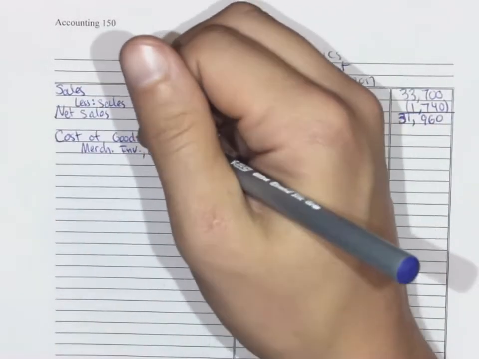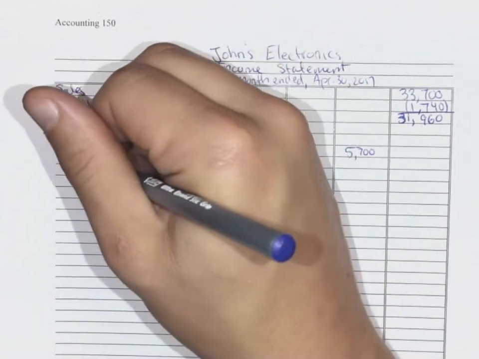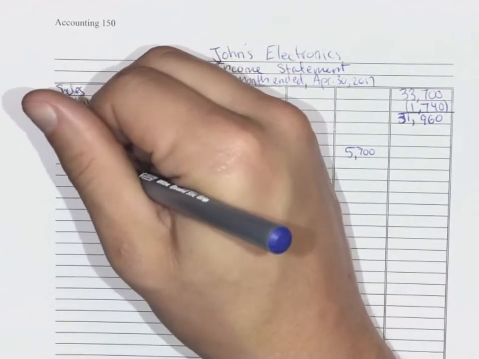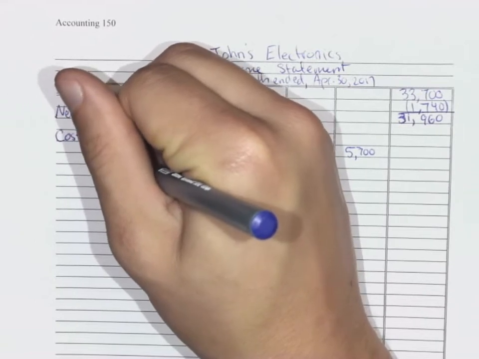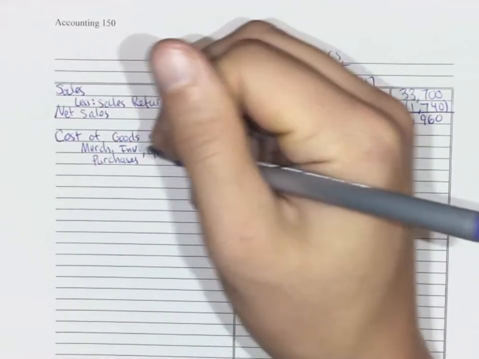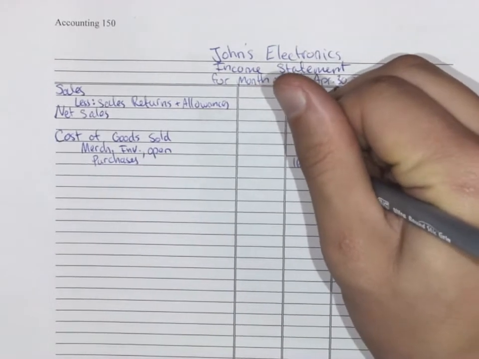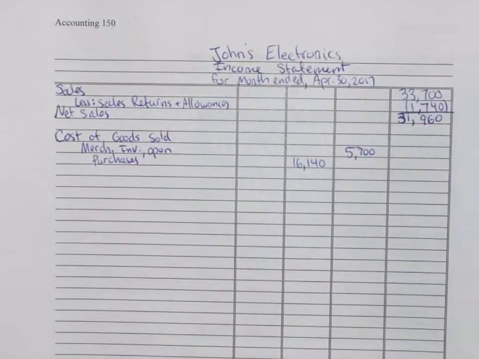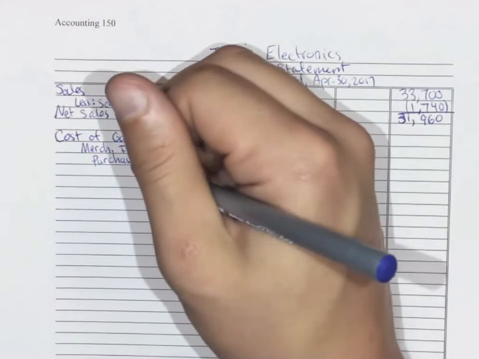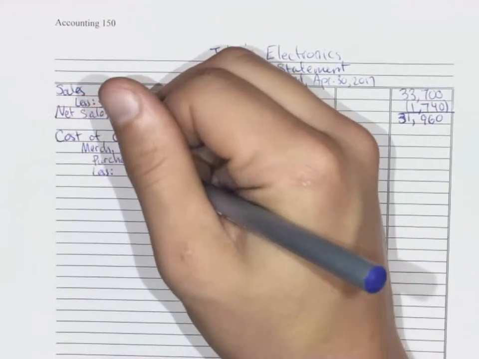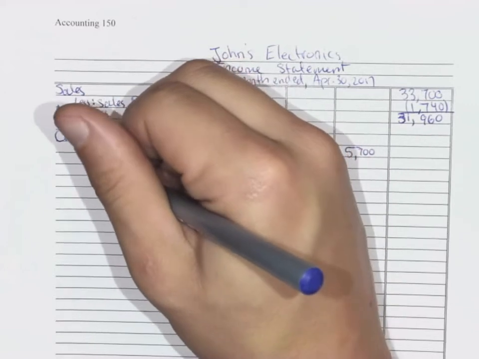We then add our purchases of 16,140. Then we're going to reduce our purchase discounts and our purchases, returns, and allowances.